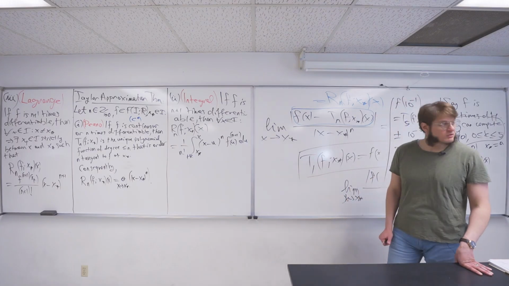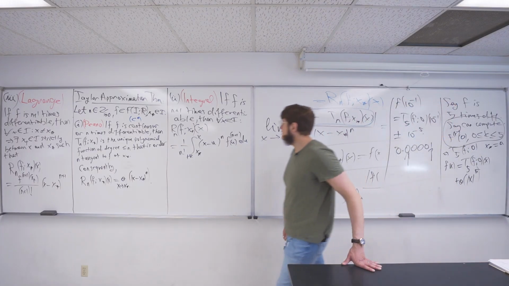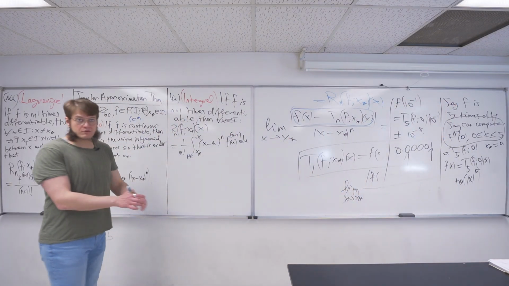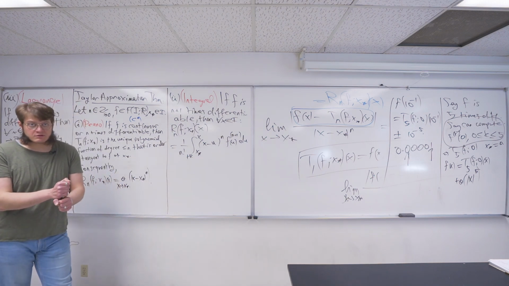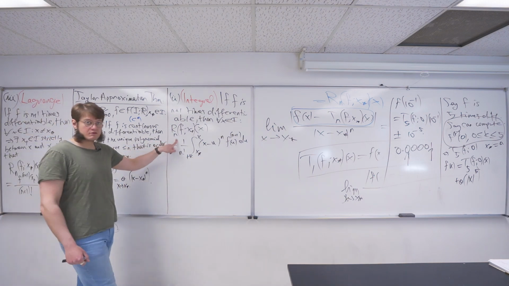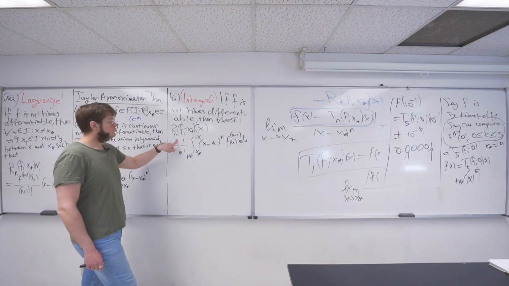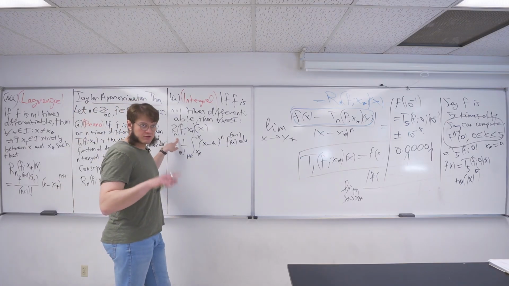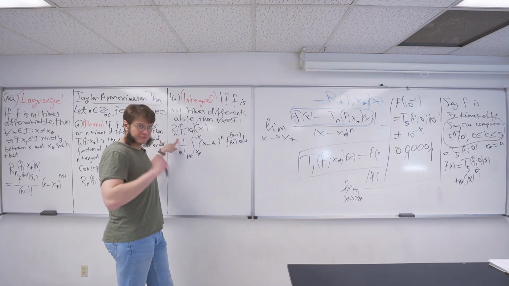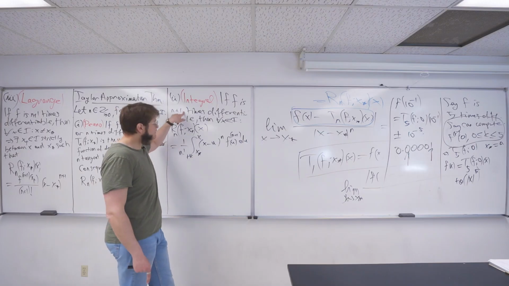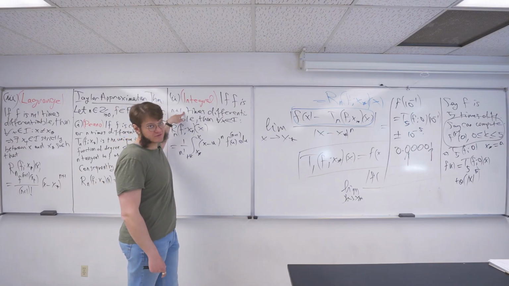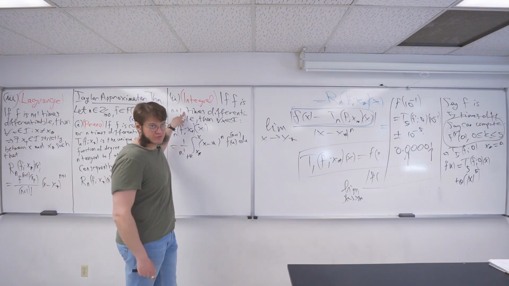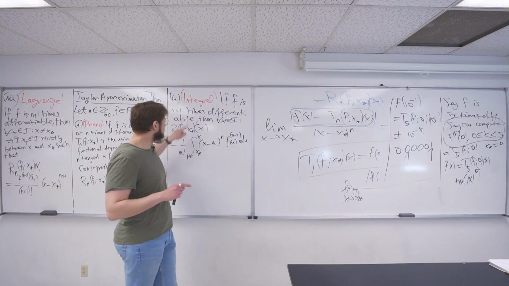Why don't you say that it's R n plus 1 here? In order for me to be able to control the error coming from the n plus first derivative, I would need to assume that f is n plus 2 times differentiable. Exactly. That's a good point.